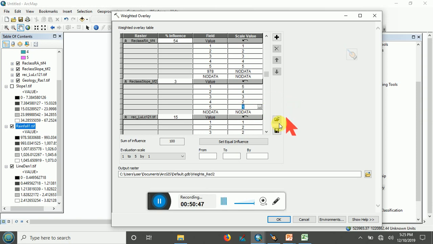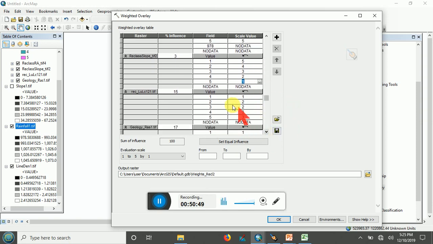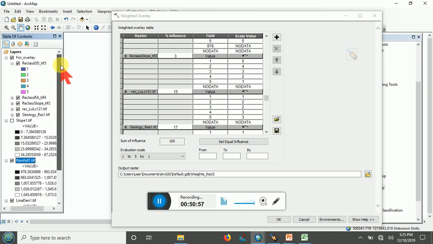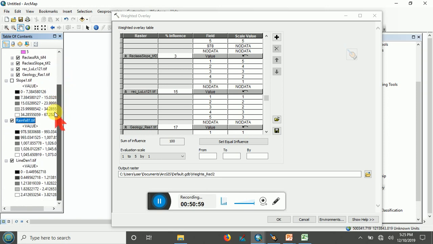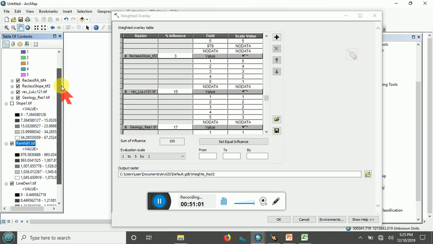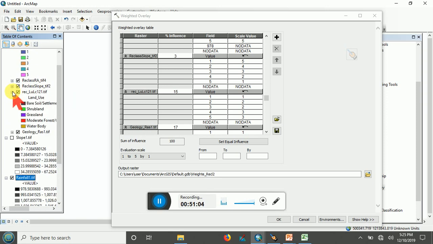Yes, and go down to land use land cover. So for land use land cover, you have to see what the reclassified land use land cover means. So when you come to the land use land cover, you can see bare soil, shrubland, grassland, moderate forest, and water body. So we are talking about groundwater potential, so water body is most important, because they will give water to your aquifer.